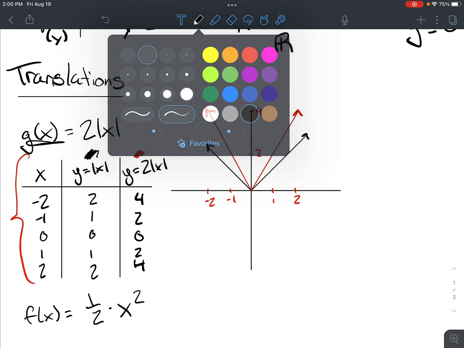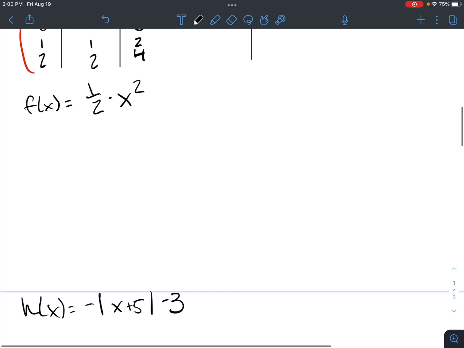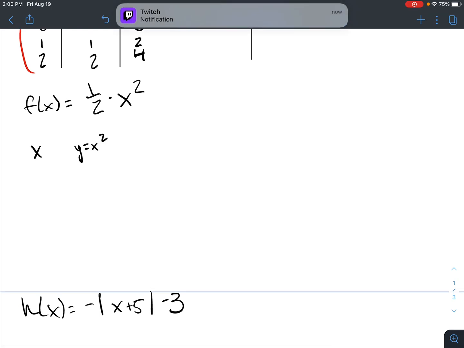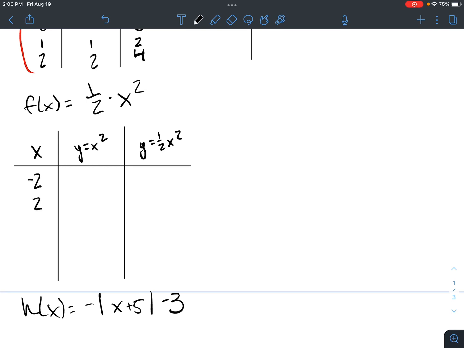And let's move on to 1/2 x squared. So I'm going to make our same type of table. y is equal to x squared, and then y is equal to 1/2 x squared. We're going to use our same numbers.